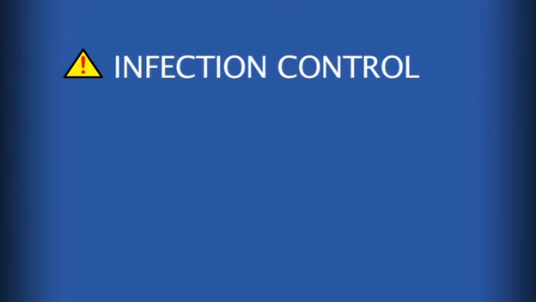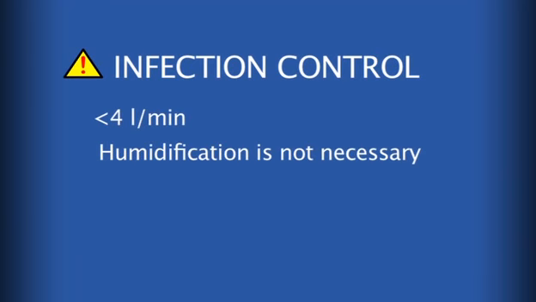This can be printed as a poster or simply as a table and will be needed by staff so that they can document the approximate amount of oxygen being given to the patient. When oxygen is used at low flow rates, for example less than 4 litres per minute, through nasal prongs or face masks, humidification is not necessary.